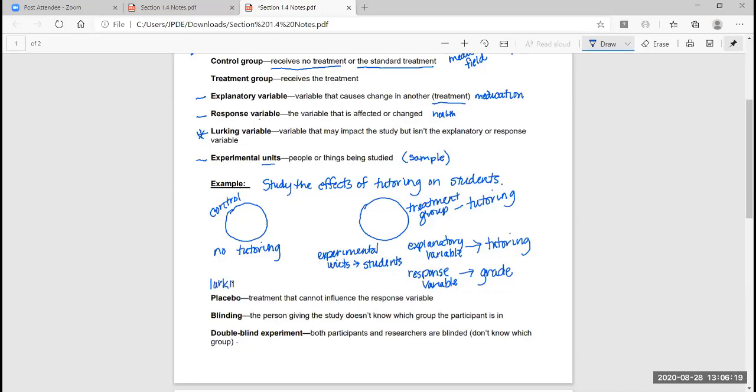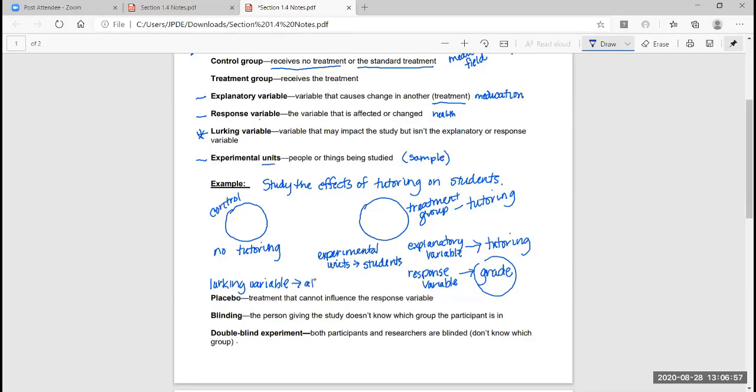So in terms of this example, let's think about if there might be some lurking variables, some things that are impacting the grade that may not be tutoring. What are some other things that could impact this study? And if we were meeting live, we would have a little discussion about this. Some other issues that you might think about.